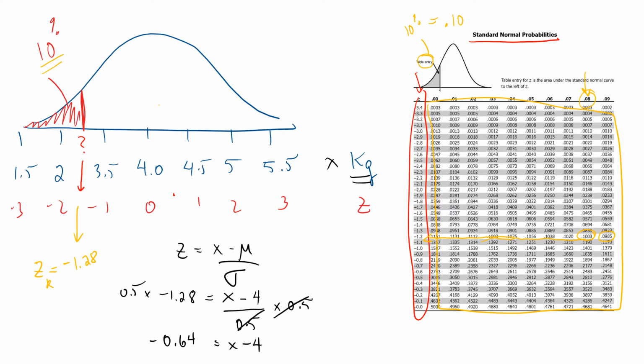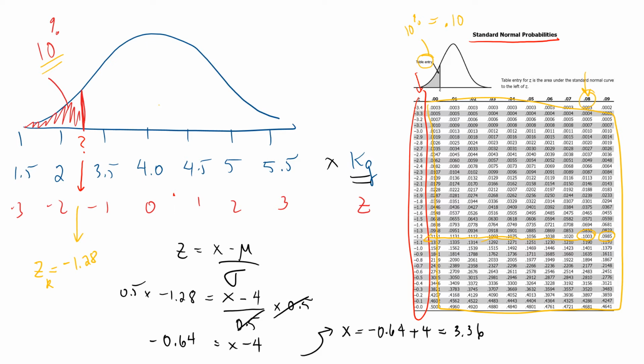So I'm running out of room here. X equals -0.64 plus 4, which is going to be equal to 3.36. And I take a look to see if that makes sense on my diagram.